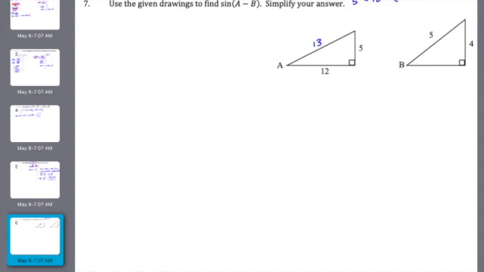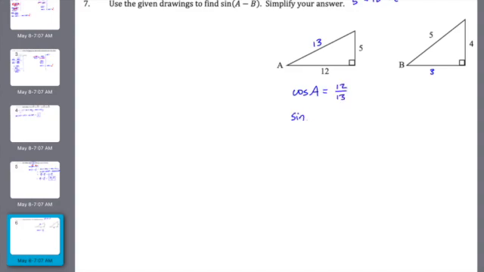And this other triangle is a 3, 4, 5. So with both of these, what I'm going to do is just jot down below what the cosine of angle A is. So that's our adjacent over our hypotenuse. So the cosine of A is going to be 12 over 13.